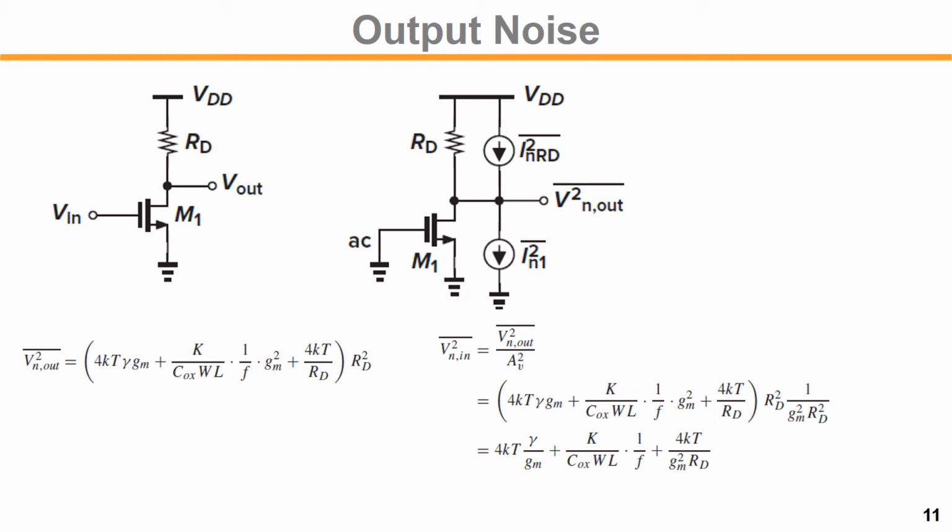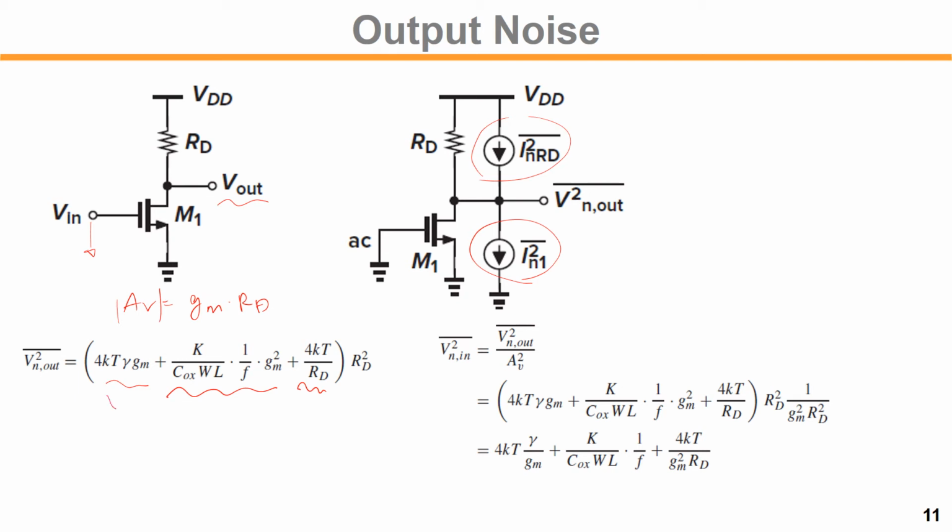Let's take a look at the common source amplifier shown on the left again. We know that the gain of this amplifier, AV, equals gm times RD. If you calculate the output noise, when the input is tied to ground, we find 4kT gamma gm of M1 here, and the flicker noise component here, and the resistor noise from RD, 4kT over RD.